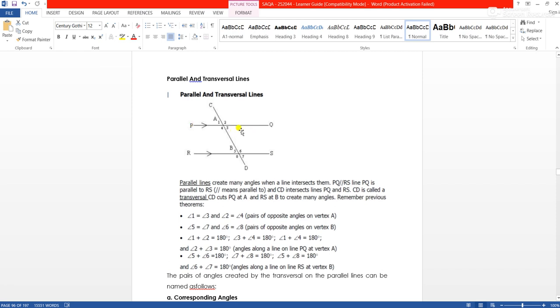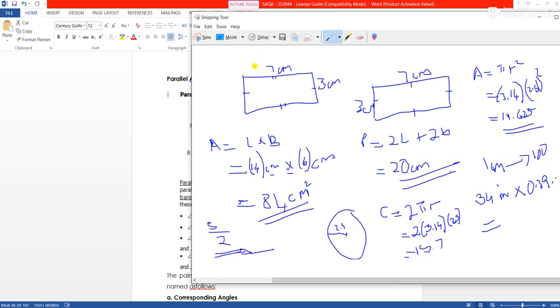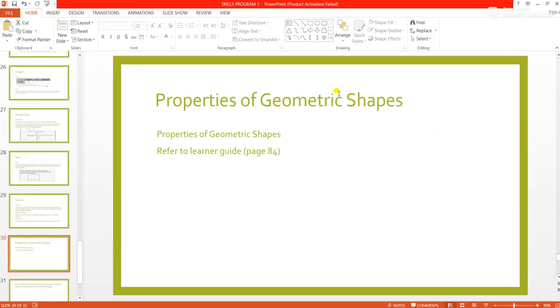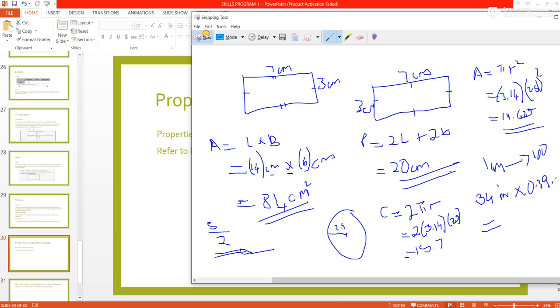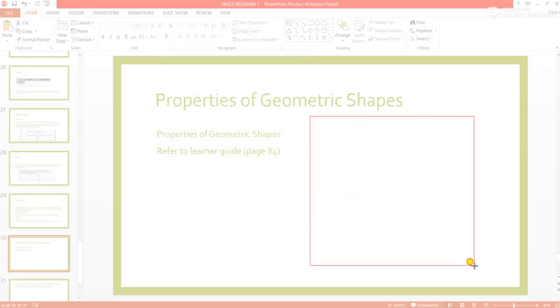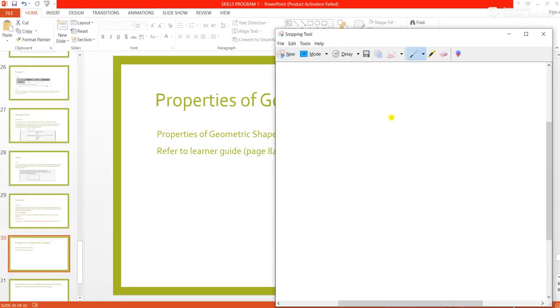Let's say for instance, we know that a straight line, from your Cartesian plane, this line is 180.